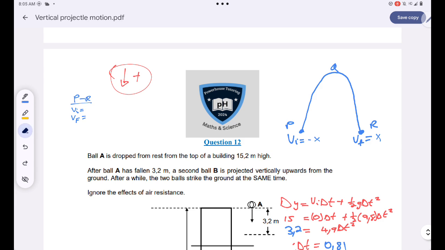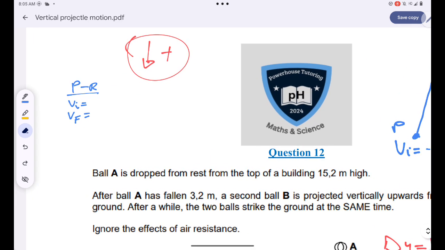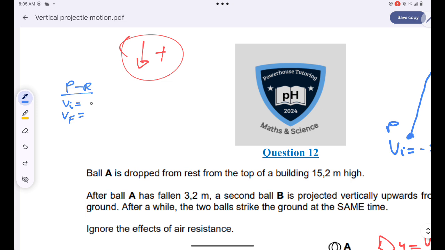Downwards is positive, so everything that goes up has to be negative. Delta y: it moves from the ground and comes back to the ground, so delta y is 0. The time it took is 0.94 seconds. Gravity is positive 9.8 meters per second squared.